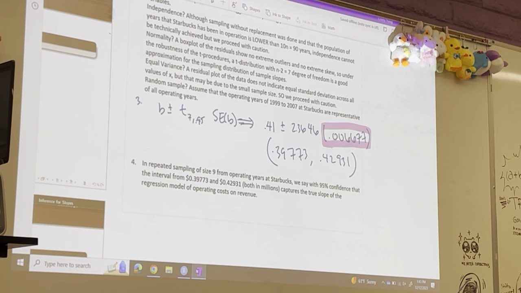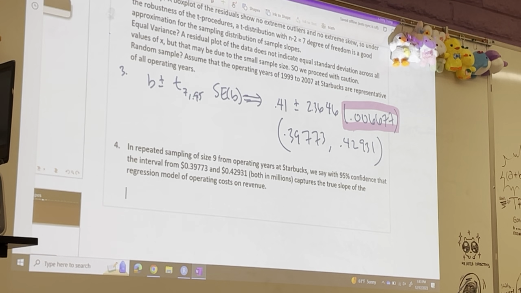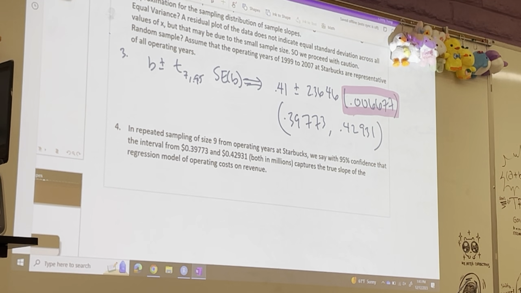Another interpretation that I've seen before might be a little bit more what College Board's looking for, but I feel like how you phrased it right here is in the spirit of confidence intervals anyway. I have seen an interpretation like this, so you could write either one. Doesn't matter to me.